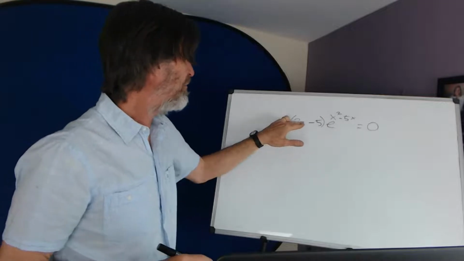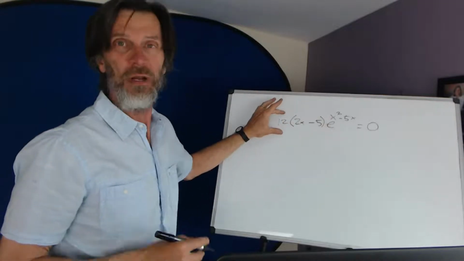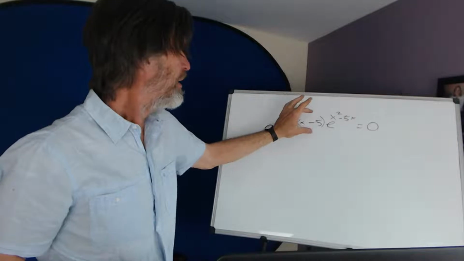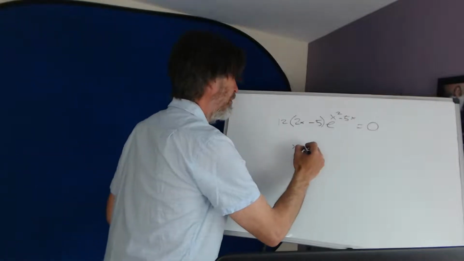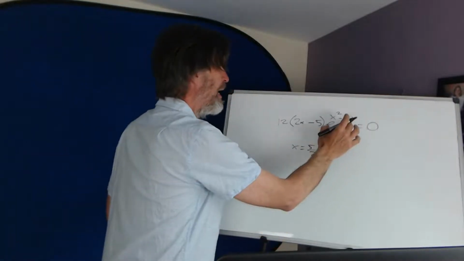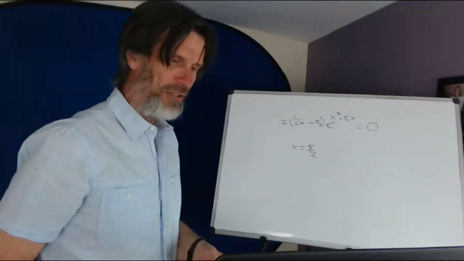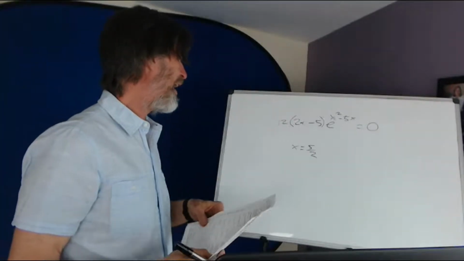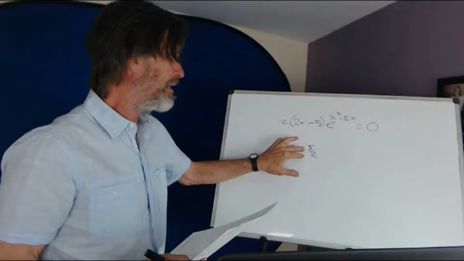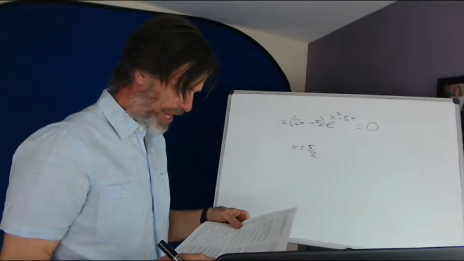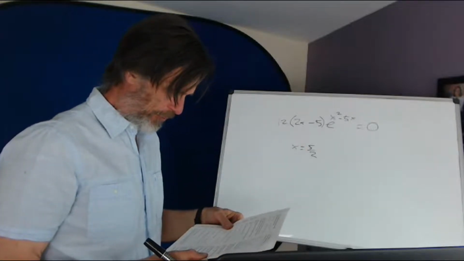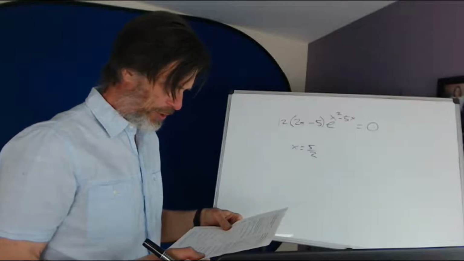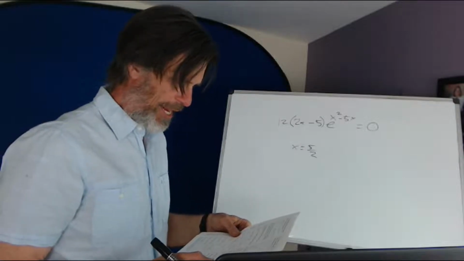And we set each of these factors equal to 0. Well, 12 can't be 0, it's stuck being 12. This can be 0 when x is 5 halves. E to a power is never 0. So there's only one place where this graph absolutely becomes horizontal, and that's at 5 halves. Let's see, which one was that? H? Yep, on to I.